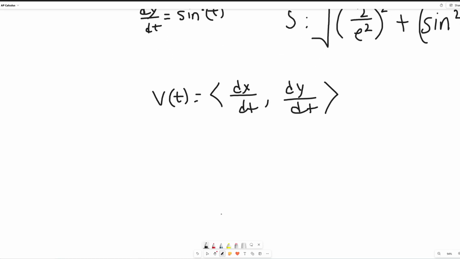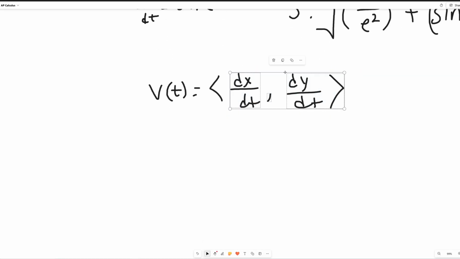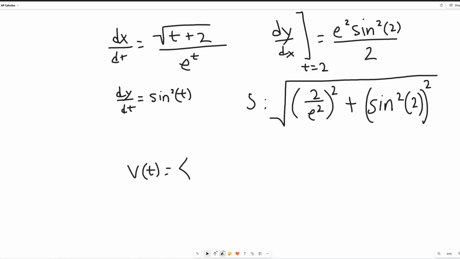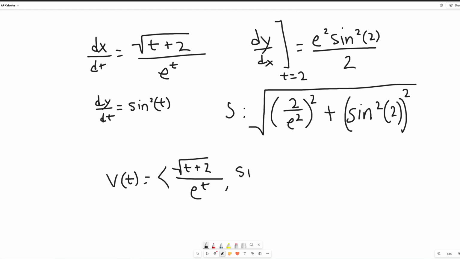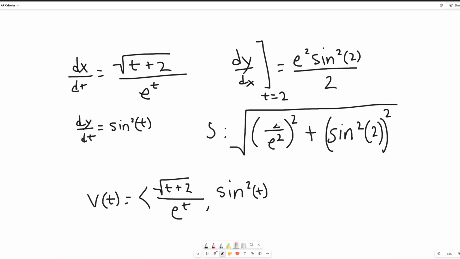So that would mean our velocity vector is the square root of t plus 2 over e to the t, comma, sine squared of t. I just realized something with the previous problem. This should be at t equals 4.